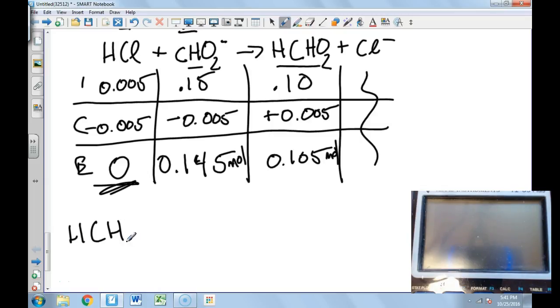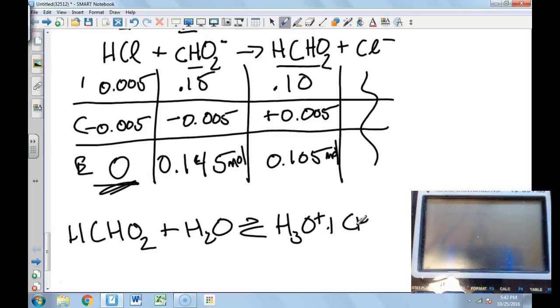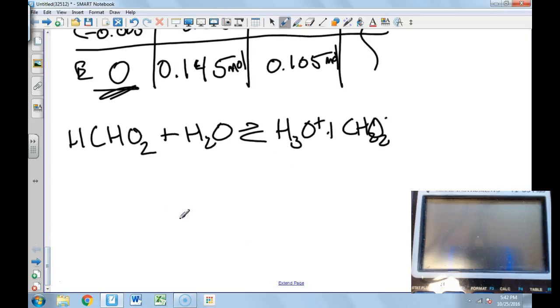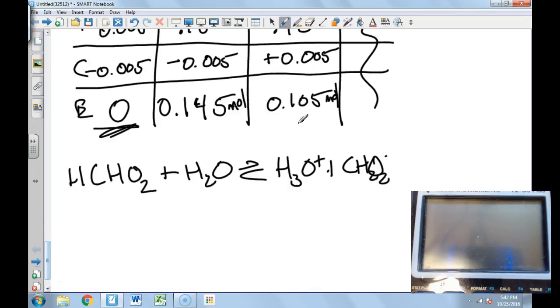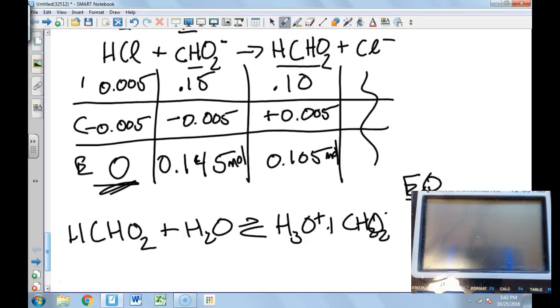So we have HCHO2 plus H2O in equilibrium with H3O plus CH2O2 minus. And now this is our equilibrium ICE chart, and this is done in capital M molarity. Well, how many moles do we have of HCHO2?